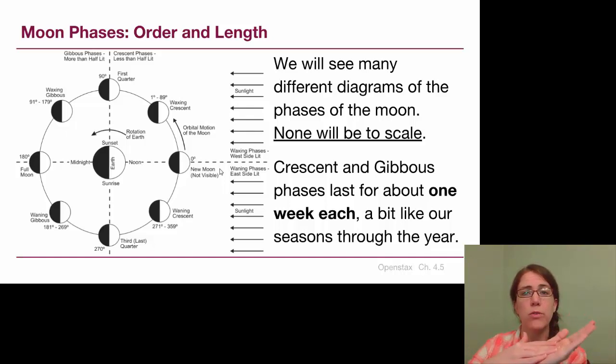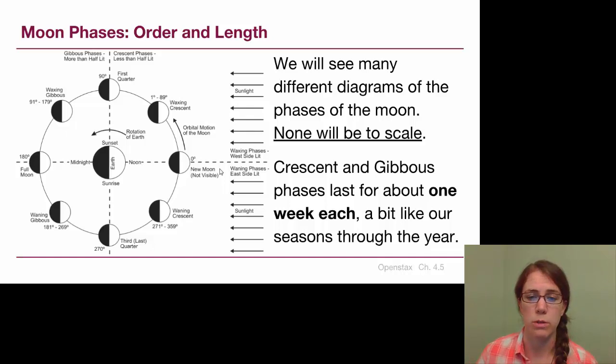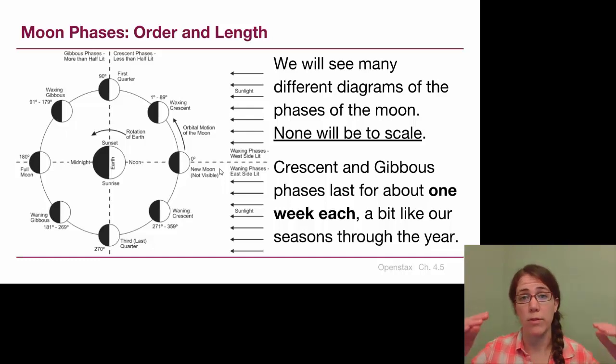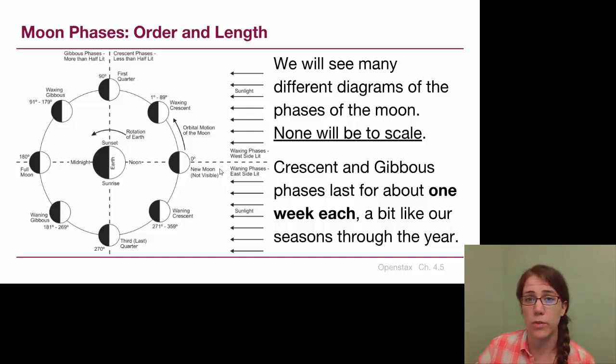And then we get around to full moon, that's 180 degrees, and continue through 270 and then back to 360 degrees or 0 again. And half of the moon phases are waxing. So the top half of this diagram is all of the phases that are getting more illuminated from our point of view. And half of it is waning. The bottom half is all of the phases that are getting less illuminated from our point of view.